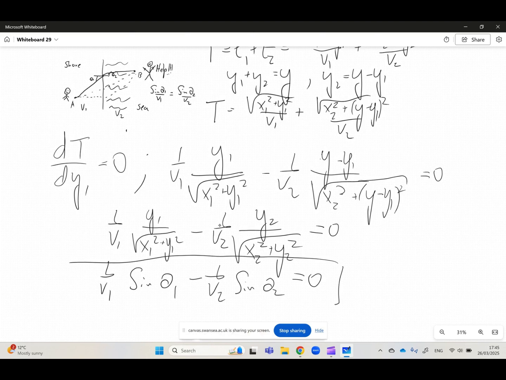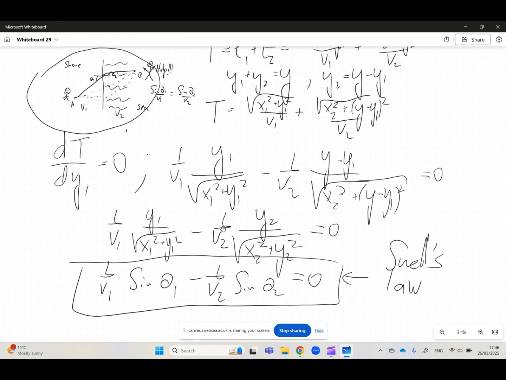And this is Snell's law. So what we found is that when a person wants to travel between the point A and the point B in a minimum time, and that person, the lifeguard, has velocities v1 and v2, the best path is according to Snell's law.